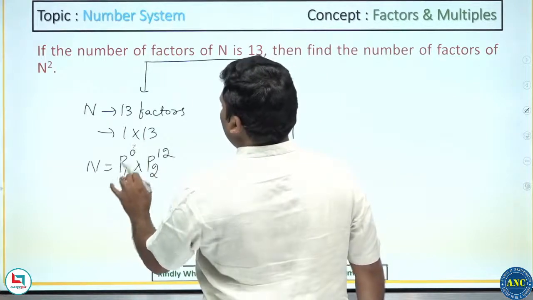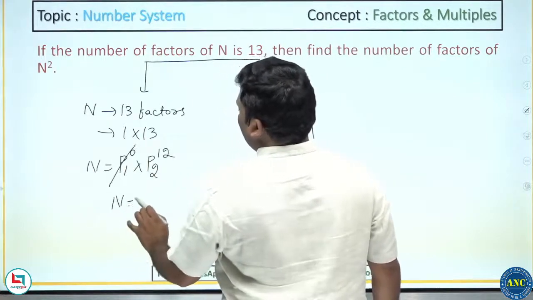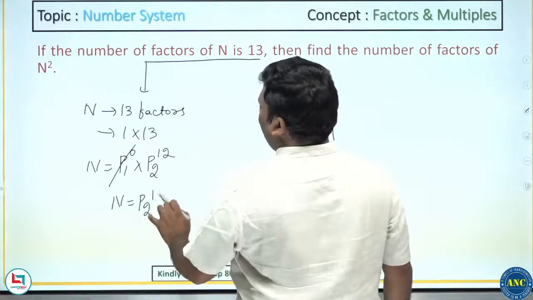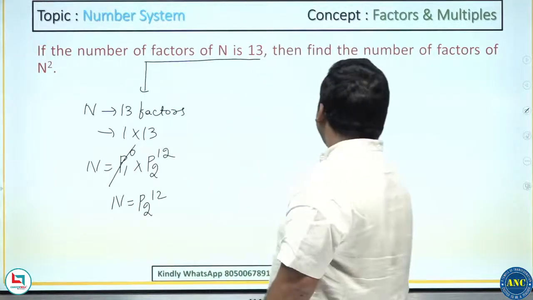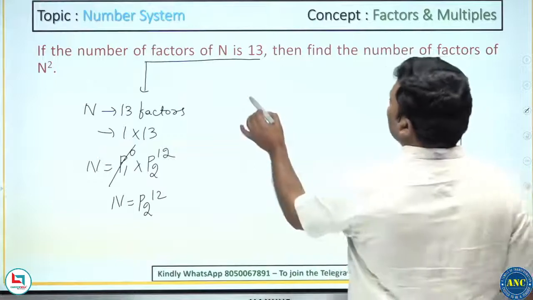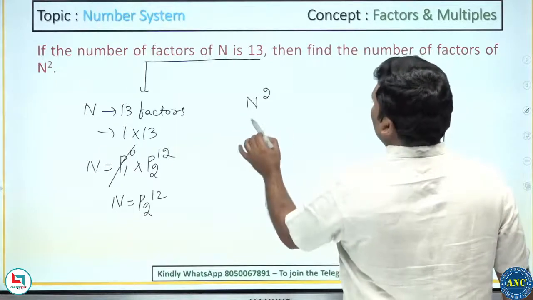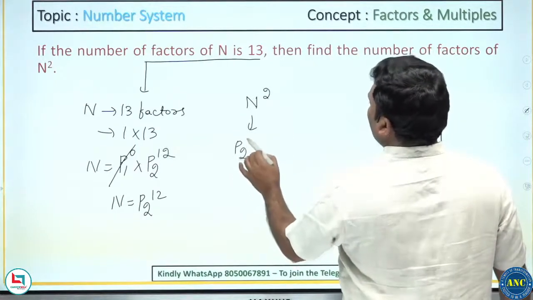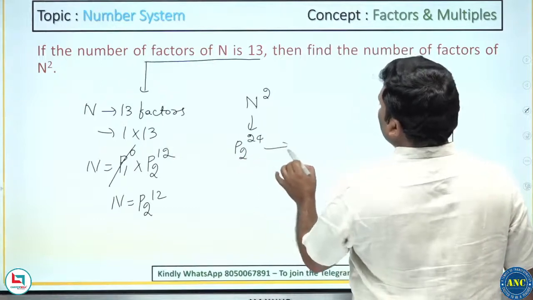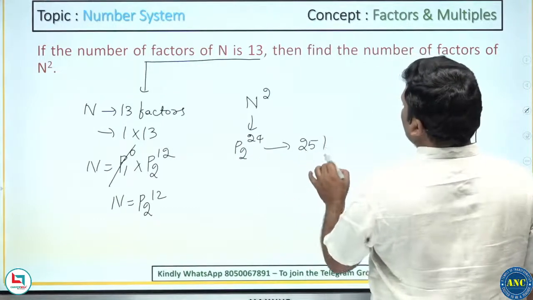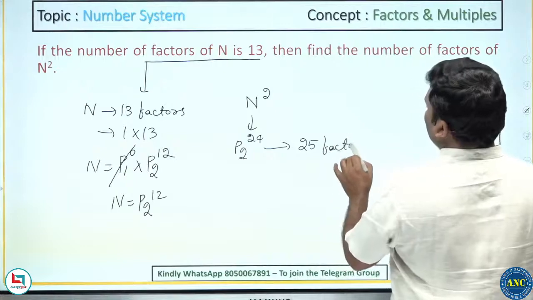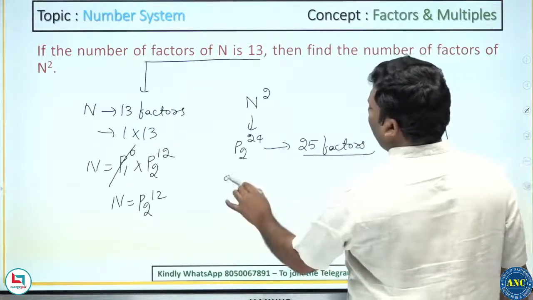This is the form of the number, so the number form will be p2 power 12. p1 power 0 is 1. Find the number of factors for n square. n square will be p2 power 12 power 2, which is 24. 0 to 24, so the answer will be 25 factors.